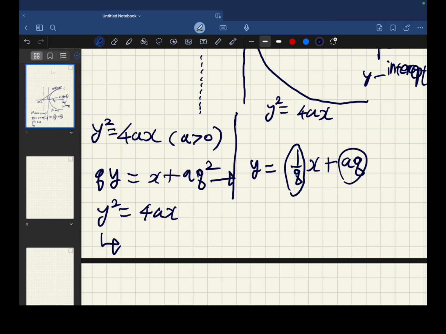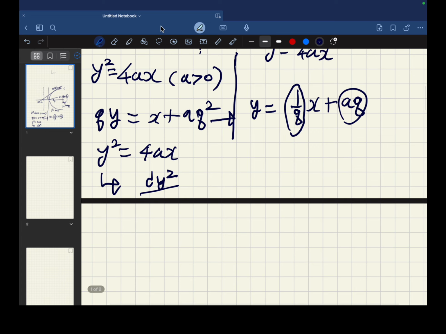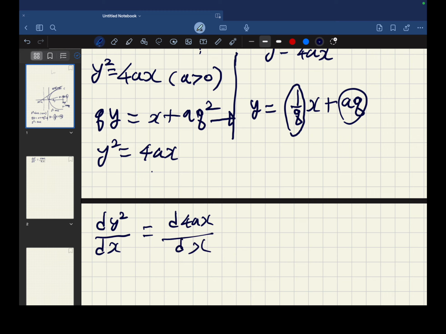By chain rule, we can get the slope of this tangent. d y squared over dx is equal to d 4ax over dx.